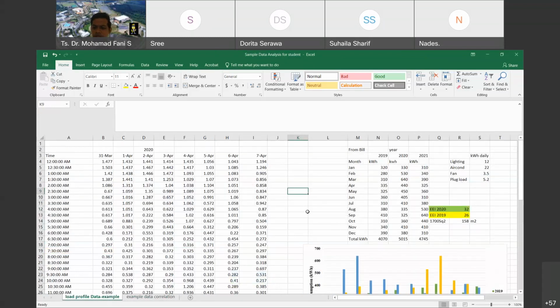And also the examples of energy audit reports are in Ulearn. I also shared the link of an example energy audit report.